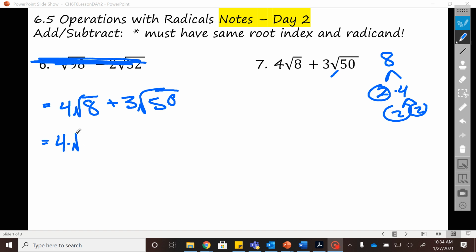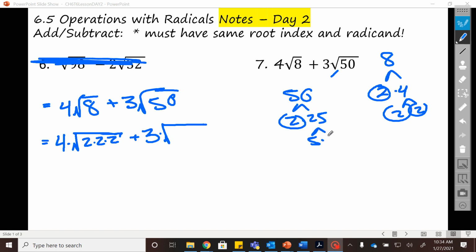So this is 4 times the square root of 2 times 2 times 2, plus 3 times the square root. We've got to split up 50. So 50 breaks up into 2 times 25, and 25 breaks up into 5 times 5. So this is 5 times 5 times 2.